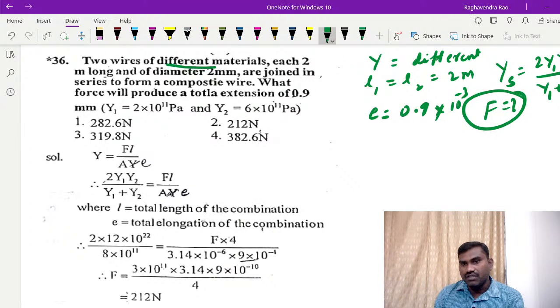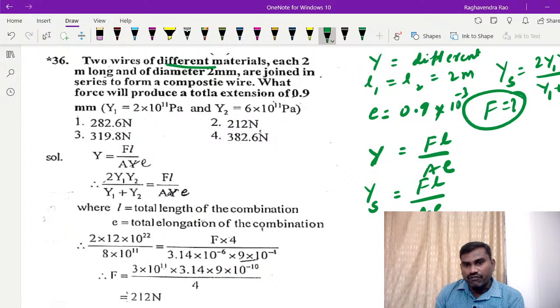So in the combination of the wires, we can take Y is equal to FL by A into E. But here, instead of a single Young's modulus, we need to take the Young's modulus of this series combination. So in series combination, we can represent Ys is equal to FL by A into E. In the case of Ys, we can take 2 y1 y2 by y1 plus y2.